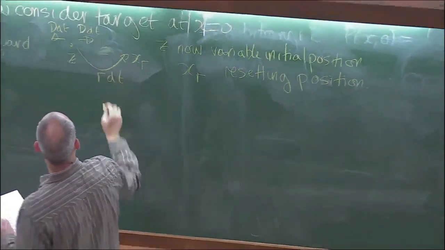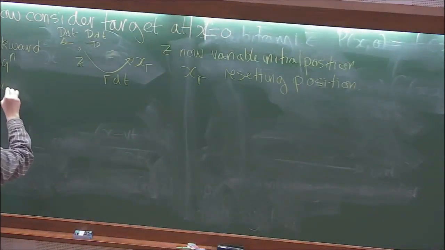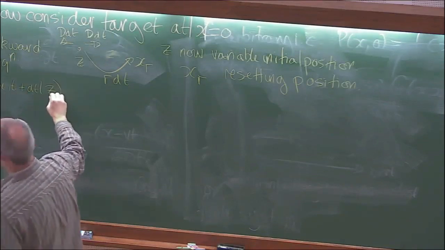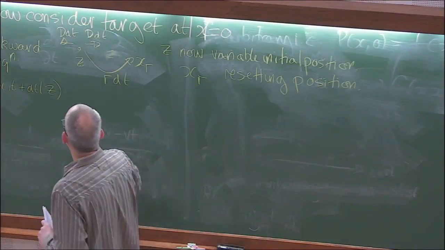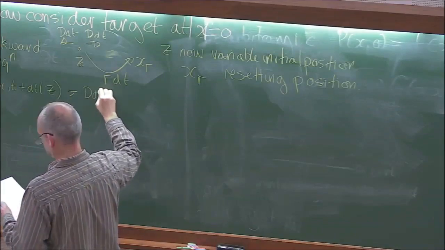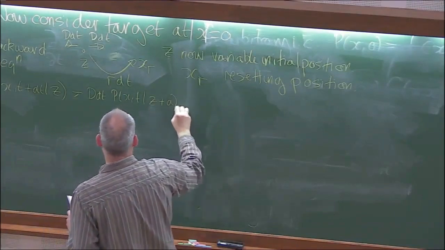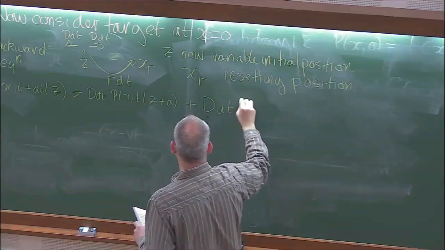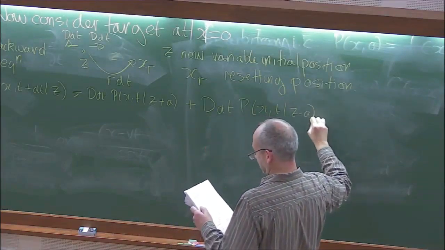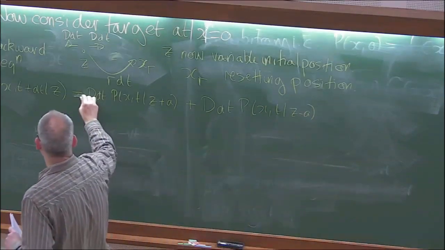So my backward equation, I'm going to have P of x, t plus dt given, so z is now the initial position. So what I could do is to go to the right or to the left. So I have D dt P(x,t | z+a) plus D dt P(x,t | z-a). Now also, remember, I'm averaging on what can happen in the first interval dt.